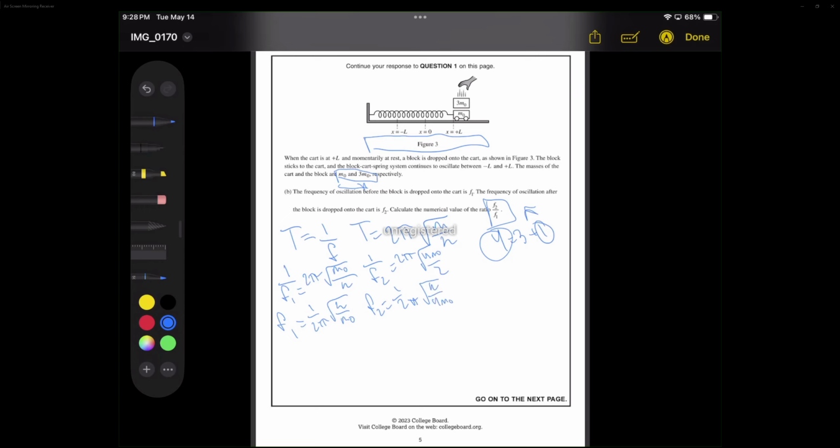Okay, now it's F2 over F1. We can also simplify here. Pull the 4 out. This is going to be 4 pi m. Okay, now we're going F2 over F1. So we have 1 over 4 pi root K over m, then we're going to have 1 over 2 pi root K over m. We can simplify here.